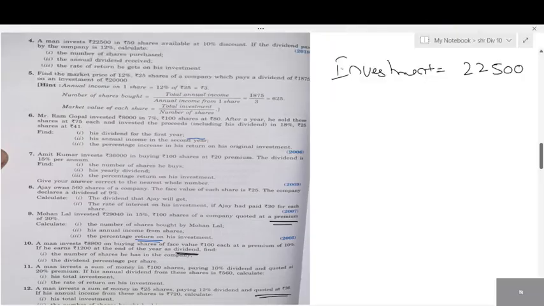Along with shares, whatever value is given, we consider it as nominal value. Nominal value is 50. At 10% discount, you all find the market value. Dividend is given. Find all the questions: number of shares, annual dividend, rate.